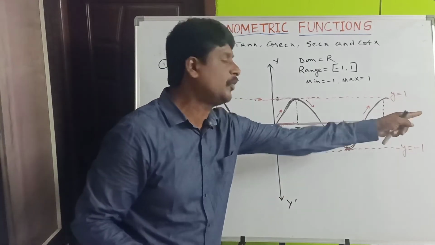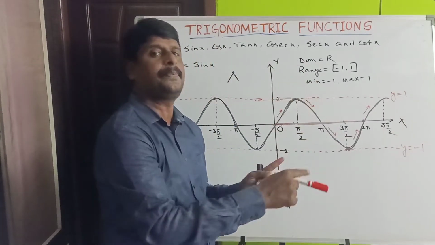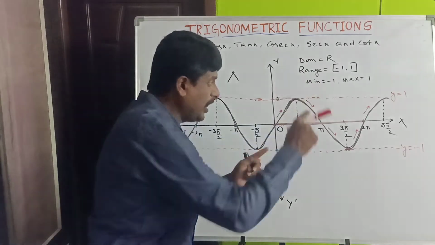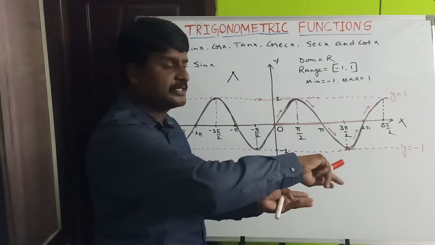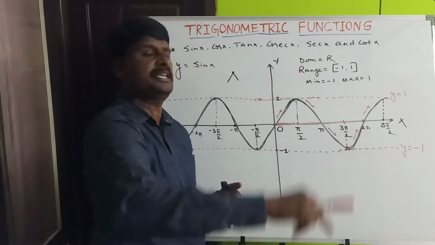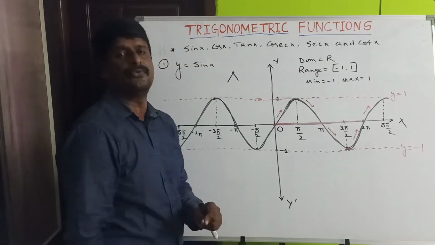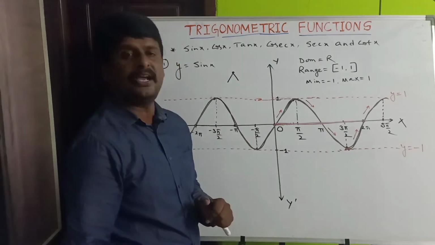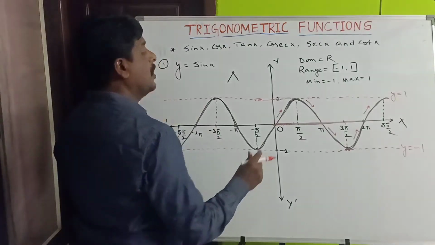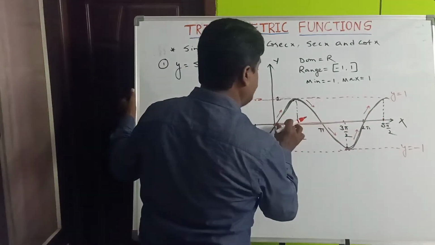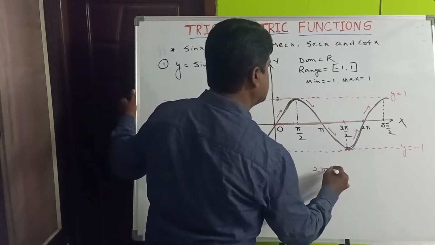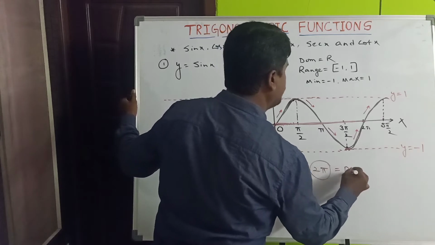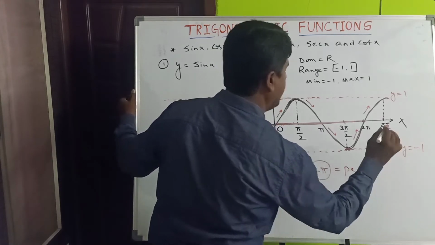Again 2 pi to 4 pi we can see the same type of graph, one upward, one downward. Again 4 pi to 6 pi, the same. So it is always a periodic function. The length of the interval for which it repeats is called its period. So the period of the function is 2 pi.